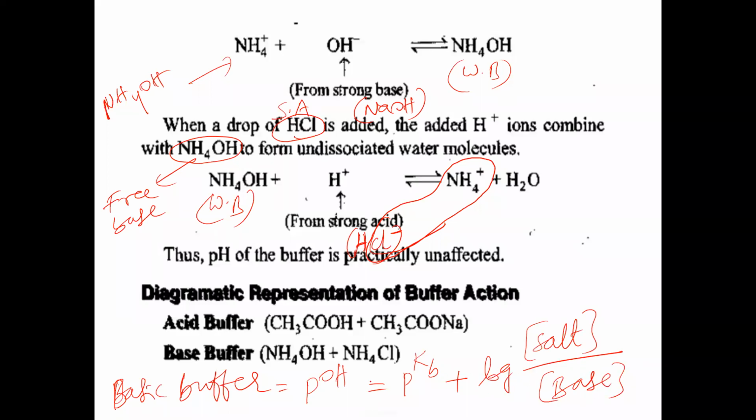Now in this case, when we add acid HCl, whose concentration is increasing? Salt concentration is increasing. That's why base will be decreasing. So this one we have to understand.